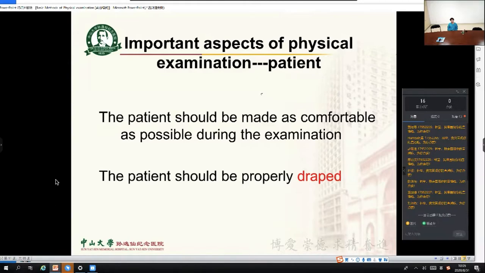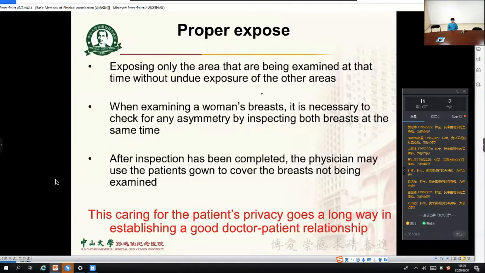And the other important aspects: the patient should be made as comfortable as possible during the examination, and should be properly draped, exposing only the area that is being examined at that time without undue exposure of other areas. When examining a woman's breast, it's necessary to check for any asymmetry by inspecting both breasts at the same time.